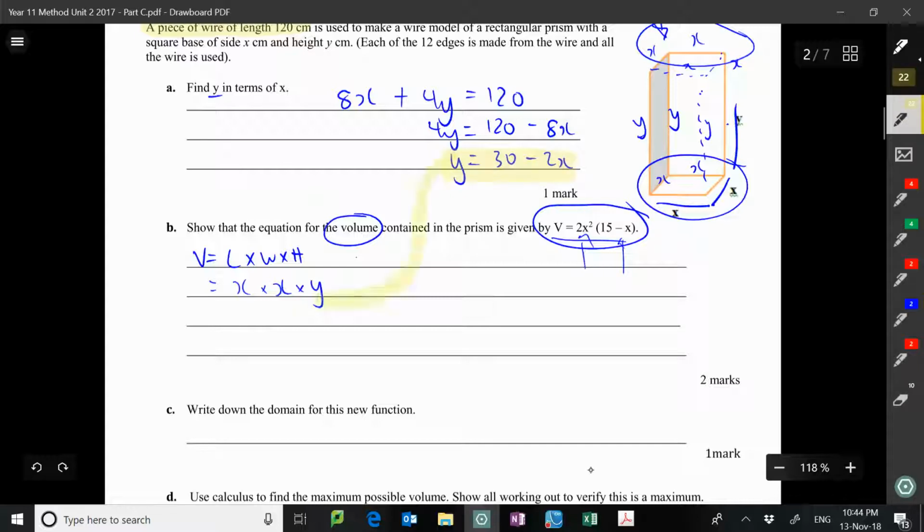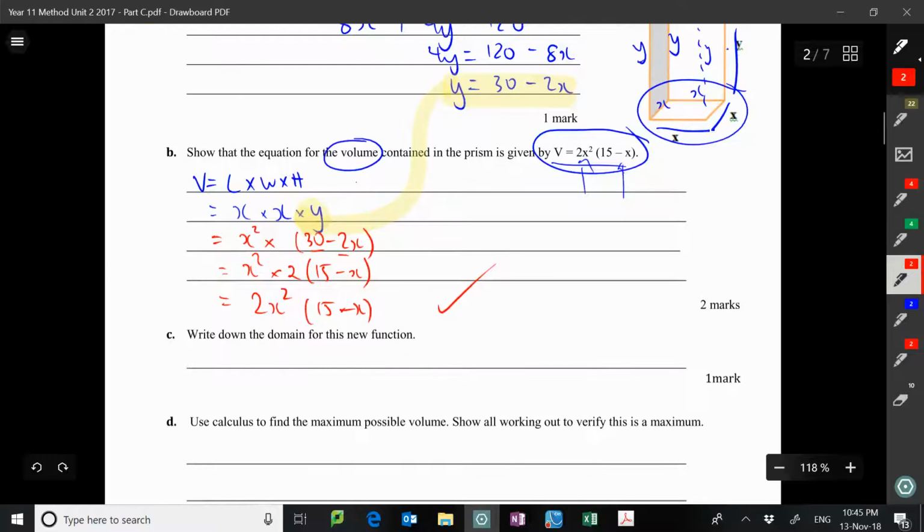This y value you can replace with this y. So if you do that, you now get x squared multiplied by y, which is 30 minus 2x. And you can see that 30 and 2 have a common factor of 2. Take it out. So it's x squared times 2 bracket 15 minus x. That simplifies down to 2x squared times 15 minus x. Voila. Done. 2 marks.